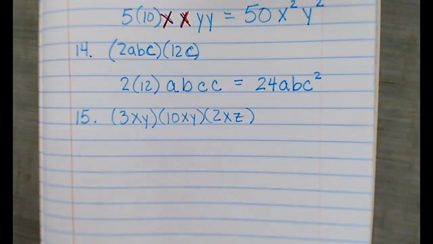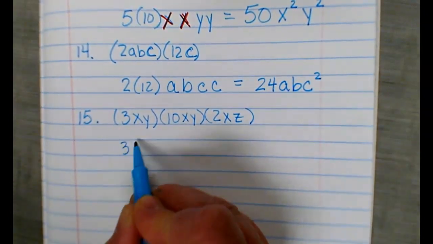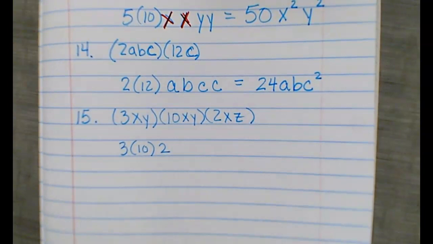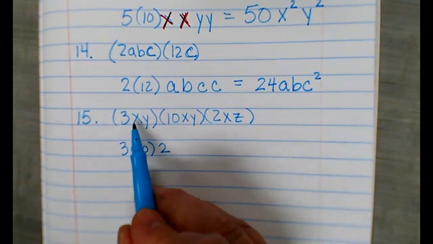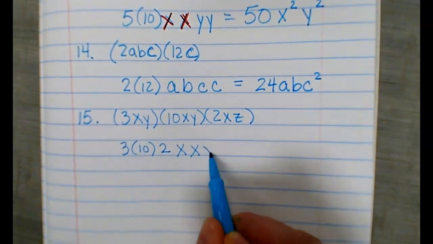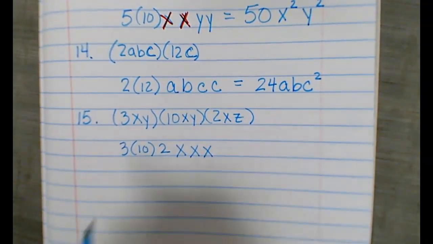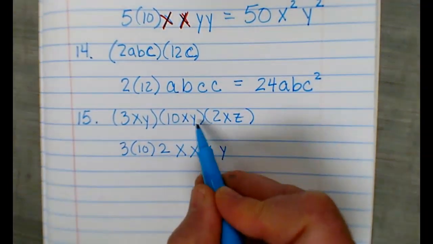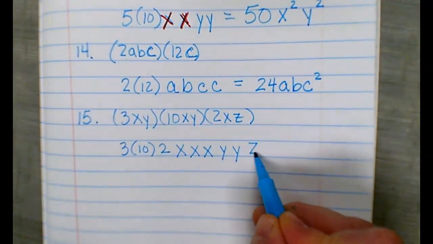So I'm going to multiply my whole numbers together. I'm going to multiply this x times this x times this x. I'm going to multiply this y times this other y, and then I have a z.